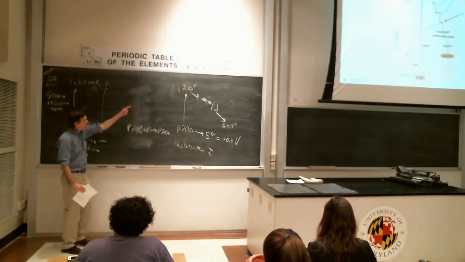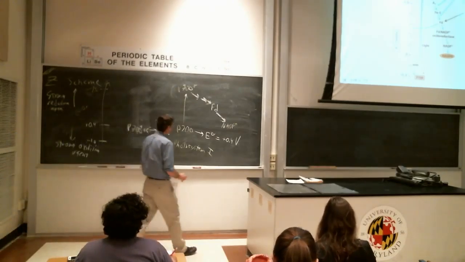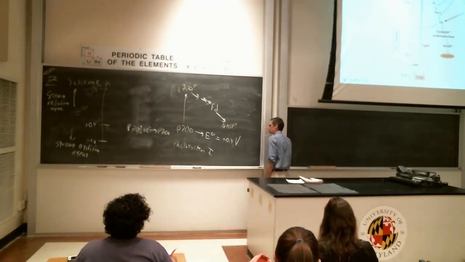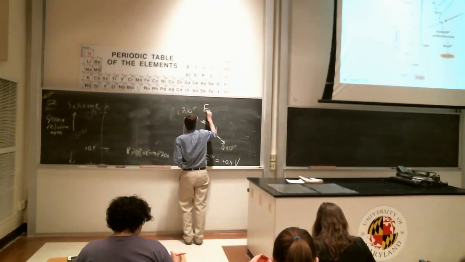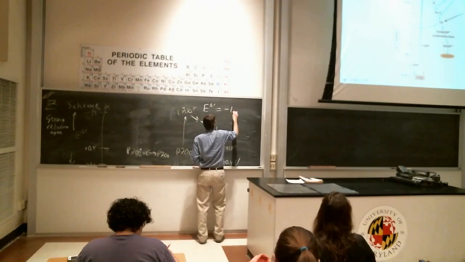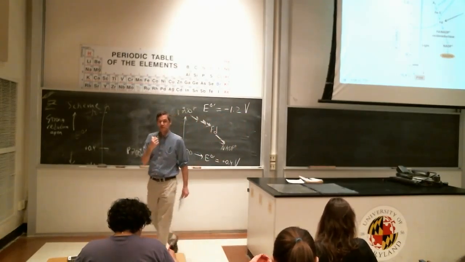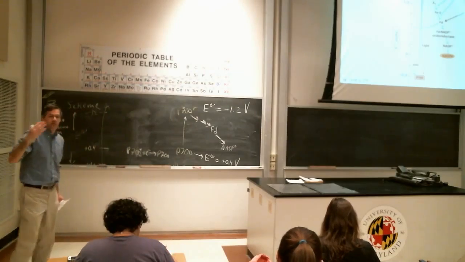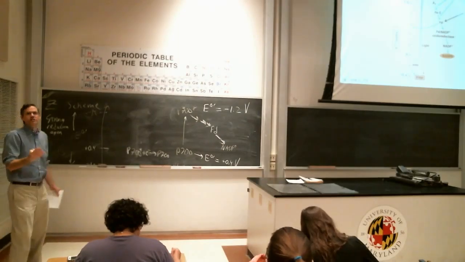Right? What about P700 star? What's the reduction potential of P700 star, and what reaction does that refer to? The reduction potential of P700 star is about minus 1.2. That's a big number. It's a negative number, which means this is a strong reducing agent. But again, what's it referring to? What is the reducing agent?